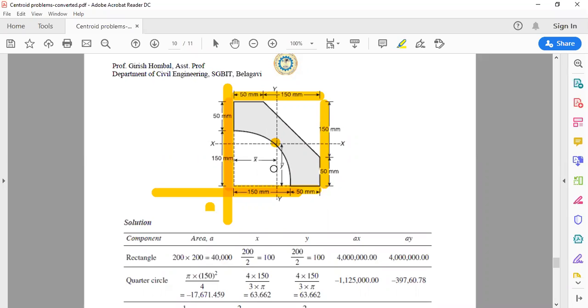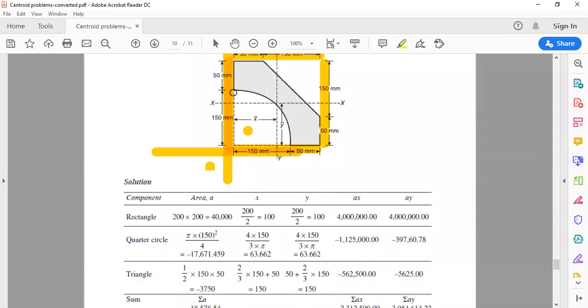Now, in the next diagram, we have a quadrant of a circle, which is a deduction. And since it is a deduction, we should always write the area with negative sign, because it is deduction. So the individual centroid lies somewhere at this point.